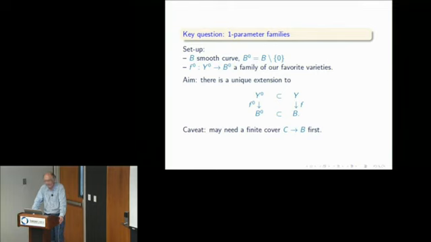That would suggest that the fiber over 0 is the limit of the other fibers, and we manage to isolate this optimal limit of these varieties.